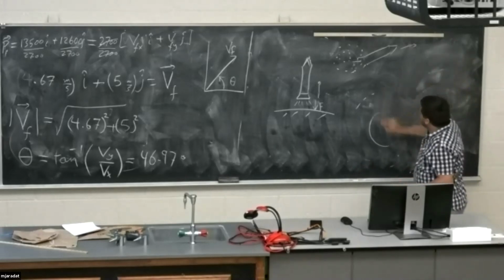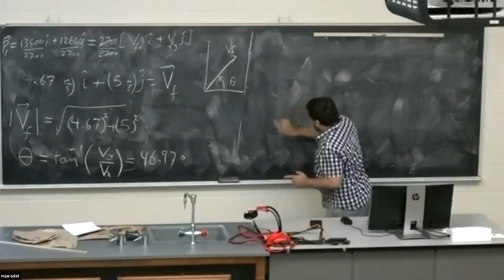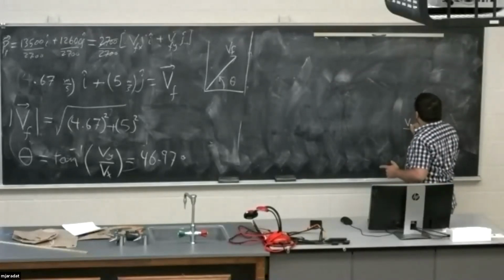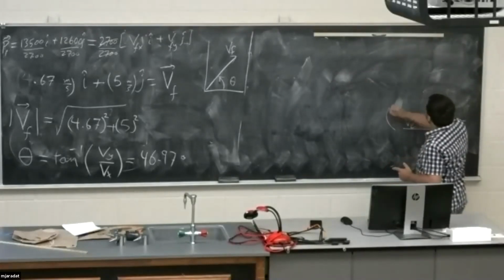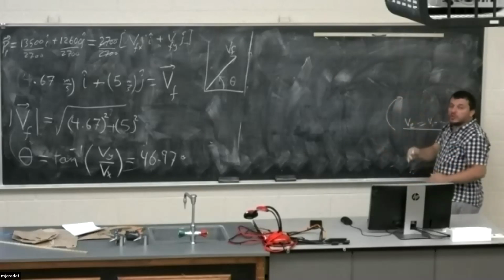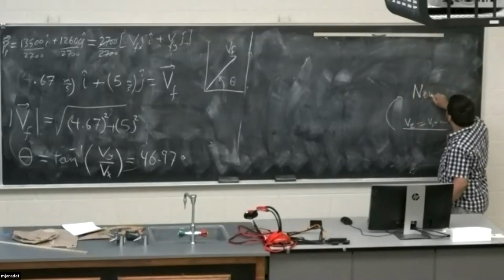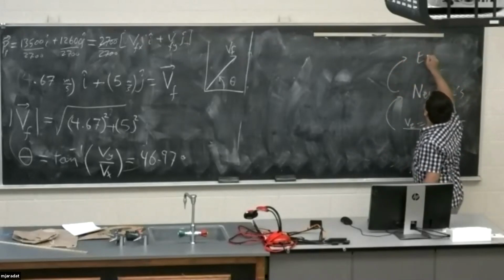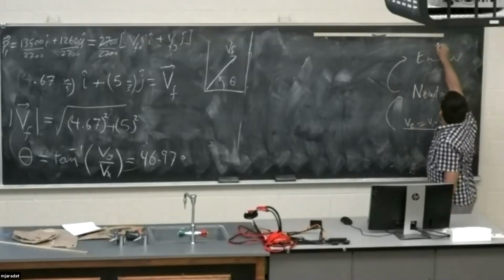I told you from before, we have equations of motion, V2 equal V1 plus AT and so on. Then we have the upper level, which is Newton's laws. Then we have the energy and work level plus the momentum.